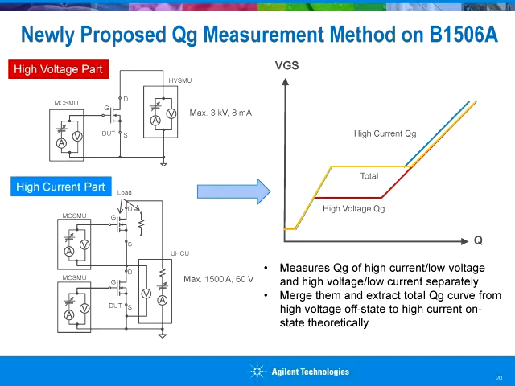Theoretically, this area is determined by the high voltage off-state, and this area is only determined by the high current on-state. We can merge the high voltage measurement results and high current measurement results to create the total QG curve from the high voltage state to the high current on-state.